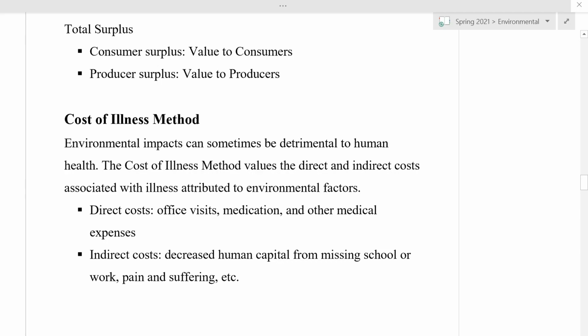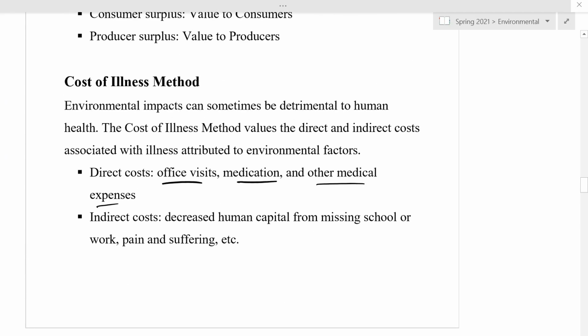So office visits, medication, other medical expenses, and that can be measured, and that can often be pretty well attributed to something happening in the environment. I'll talk about an example here related to asthma.